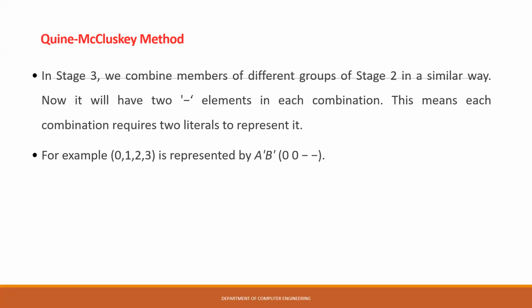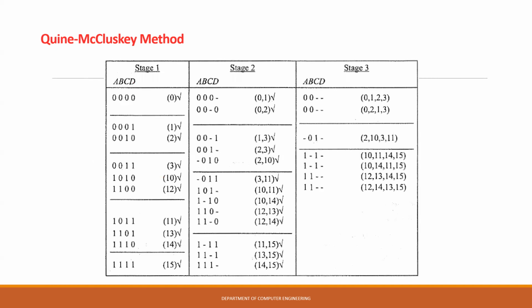Let us see stage 3 from stage 2. In the second stage, minterm pairs are 0, 1, 0, 2. This 0, 1 minterm pair is compared with the second group minterm pairs, that is with 1, 3, 2, 3, and 2, 10.